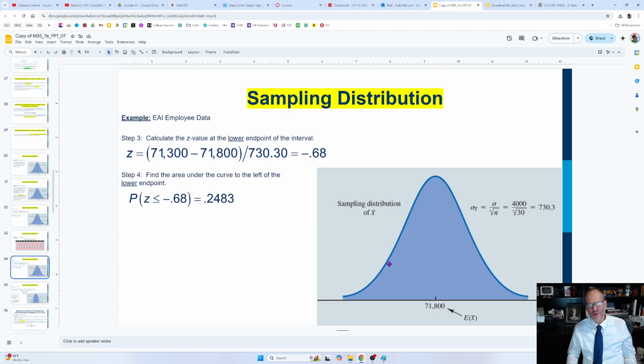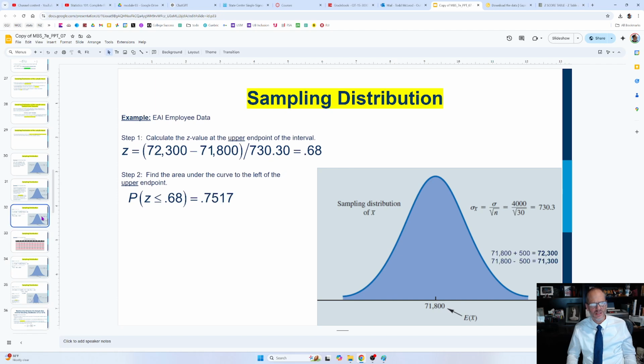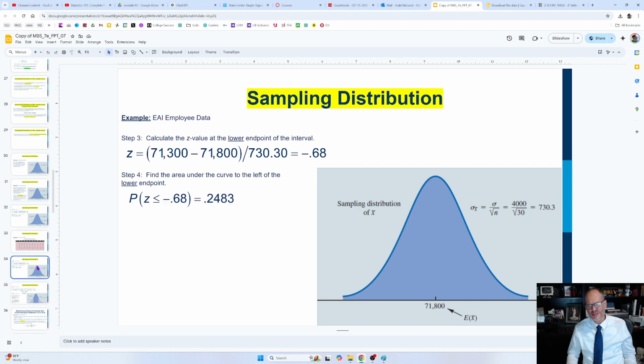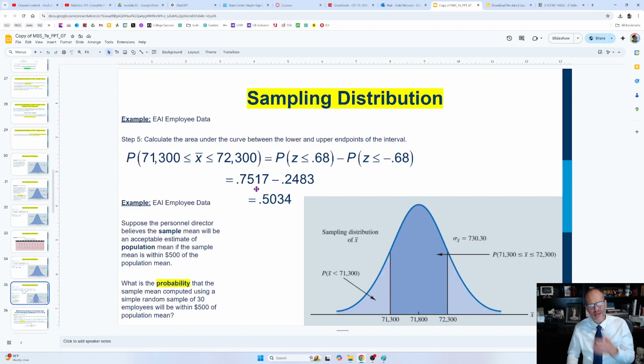If we want the probability between these two points, we take the big value, 75.17%, which is from here all the way to the left, and subtract this part, 24.83%, so we're left with the area between them. 75.17 minus 24.83 is 50.34.